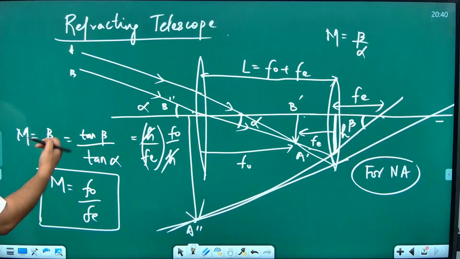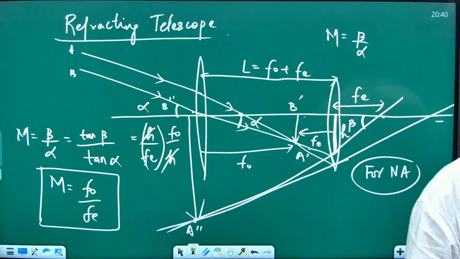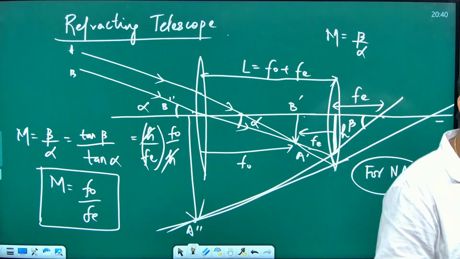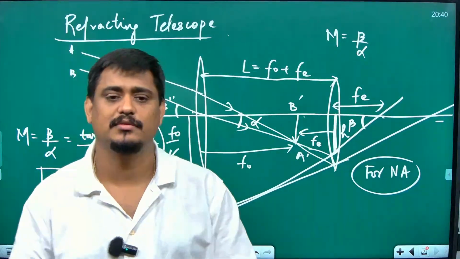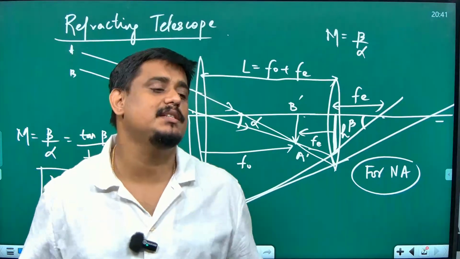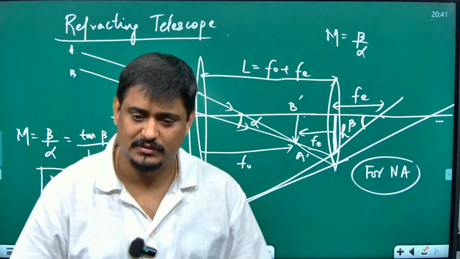Keep it simple. So magnification of telescope is FO by FE. Length of telescope is FO plus FE. But both of them are valid only for image forming at infinity, which is normal adjustment.